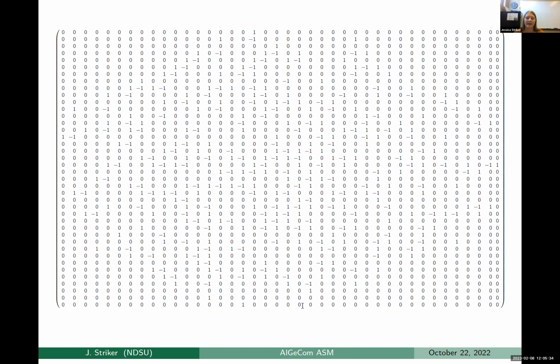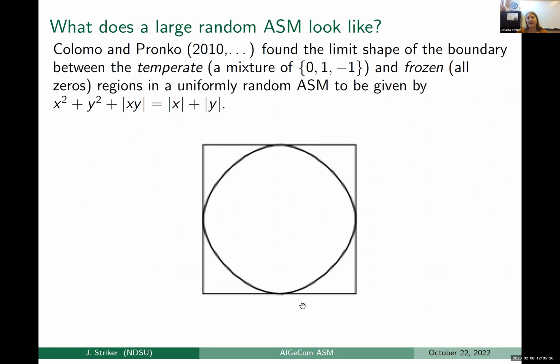That's something called the limit shape of an object. It's like, what does it look like as it gets really big? Colomo and Pronko, I mean Colomo and Franco, have studied the limit shape of large random alternating sign matrices in a series of papers starting in 2010. They found it to be almost a circle, but not quite a circle. It's piecewise circle, so it has 4 circular pieces, but they're not of a circle of that size.